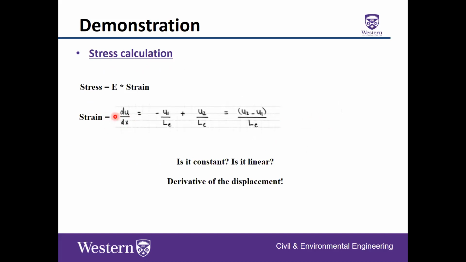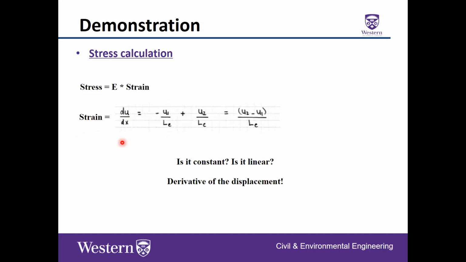That strain is du, the derivative of the displacement, du over dx, after the assumption of the shape function and so on. So it will equal minus U1 over L, plus U2 over L. U1 is the displacement that you got at the first joint, and U2 is the displacement that you got at the second joint.